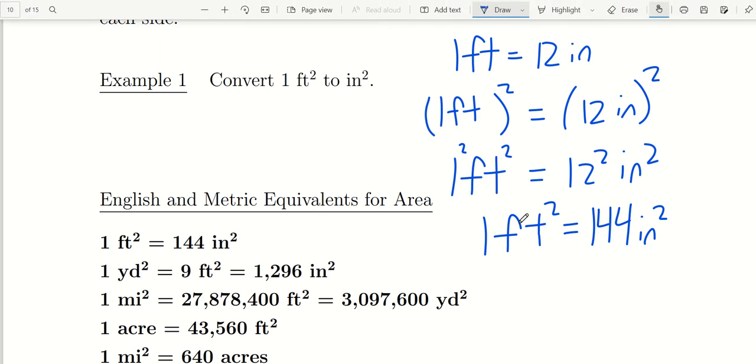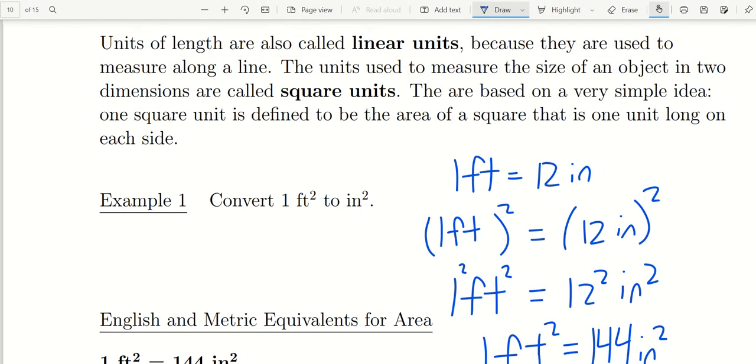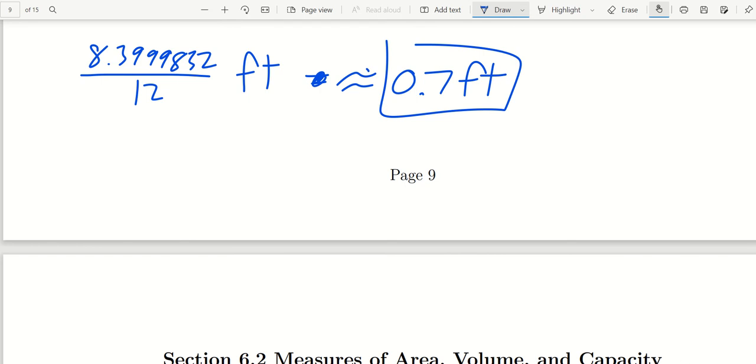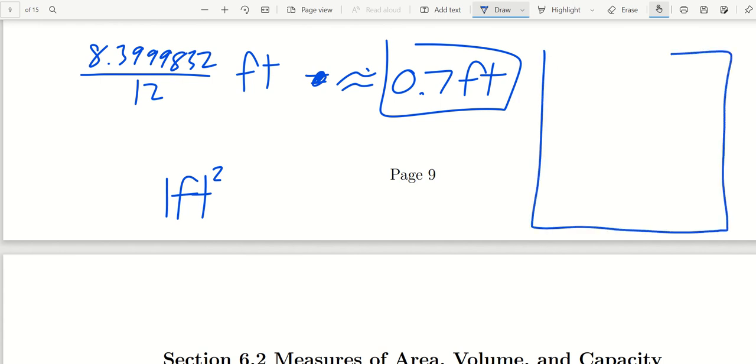If you want to reason through why exactly this works, imagine you had a 1 foot square. A square with an area of 1 square foot would be a square that is 1 foot on each side, so 1 foot by 1 foot.